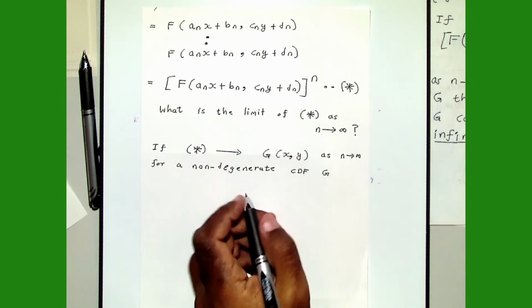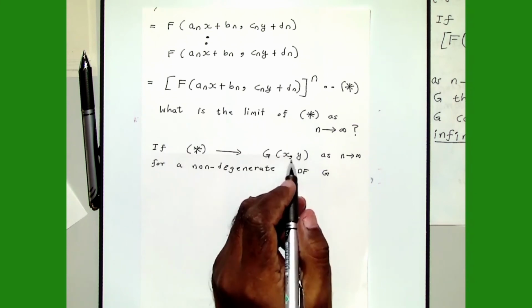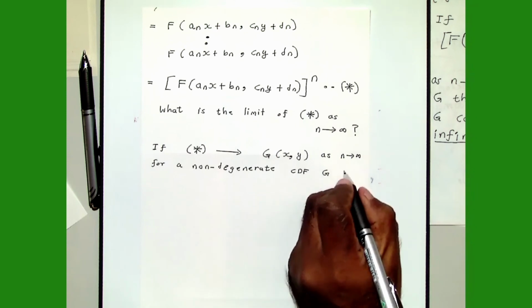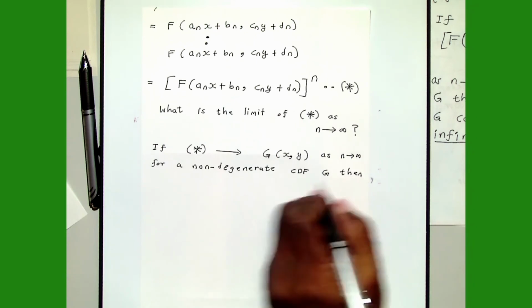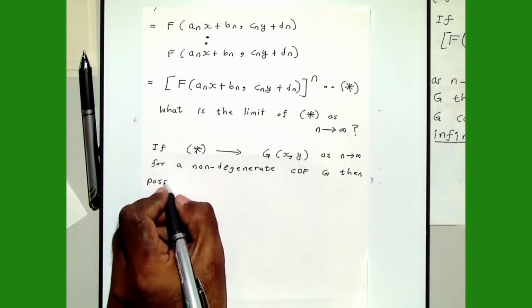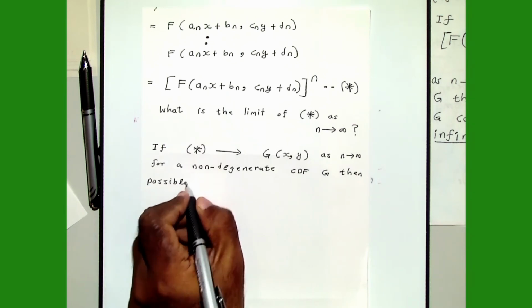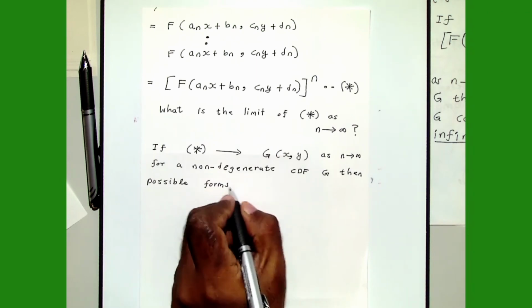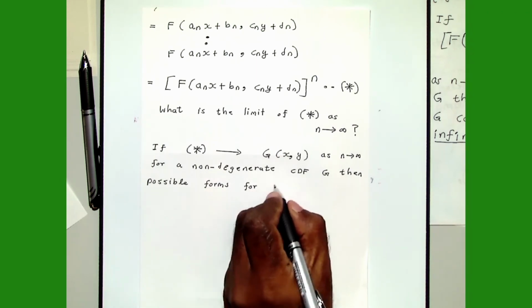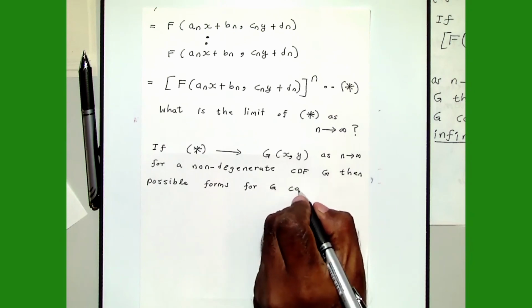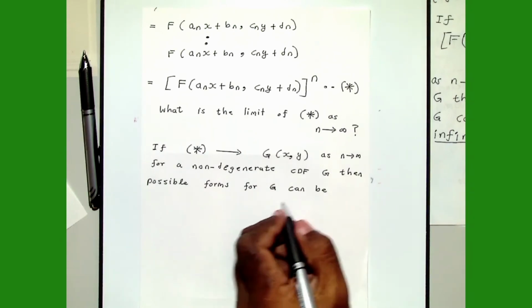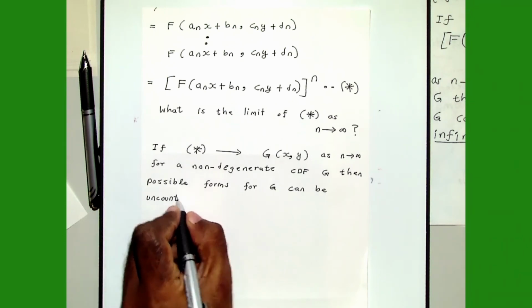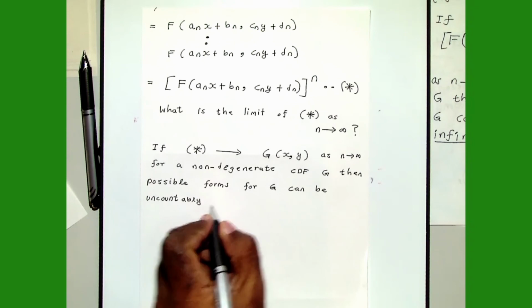So if it approaches G of x comma y for a non-degenerate CDF G, then the possible forms for G can be uncountably infinite.